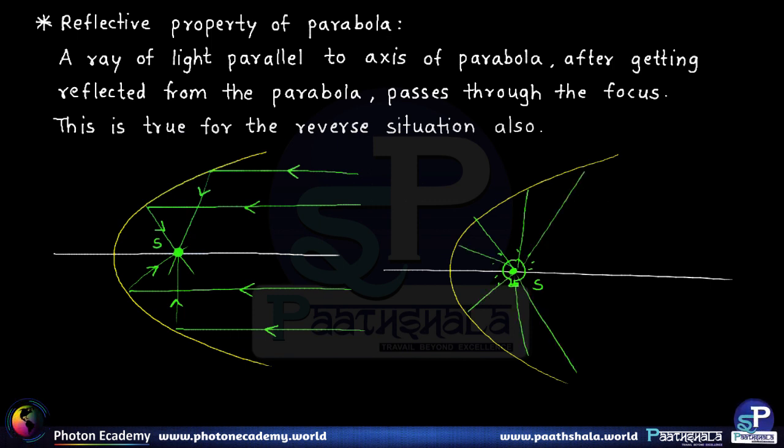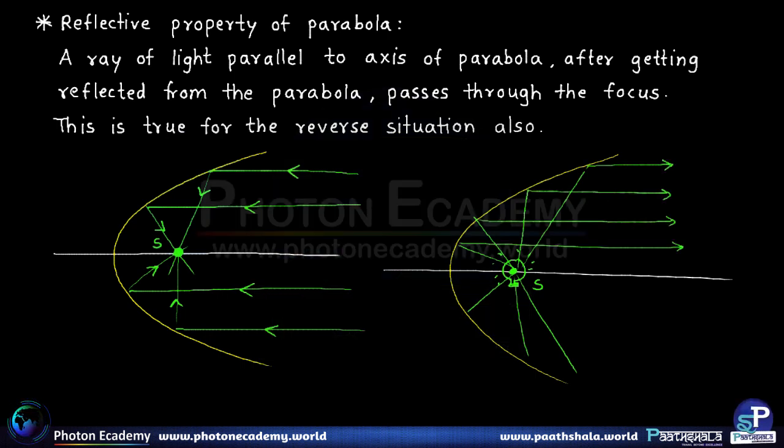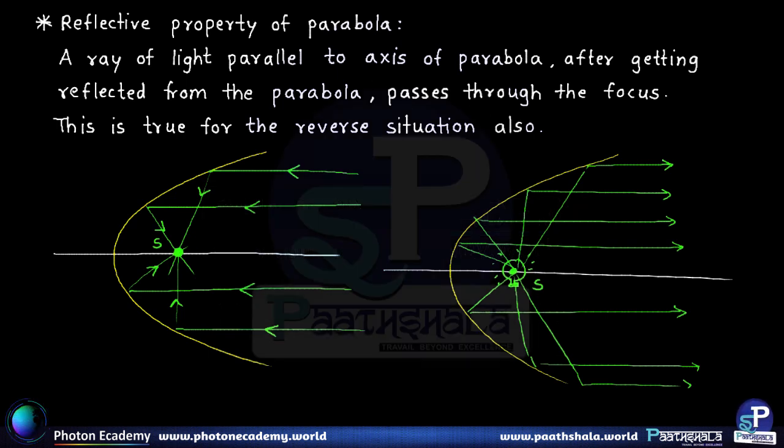But when it gets reflected, it will travel parallel to the axis. So all these rays which initiate in all possible directions, on reflection will travel parallel to the axis of the parabola. So that's the reflective property, and this is used in parabolic mirrors or solar cookers.